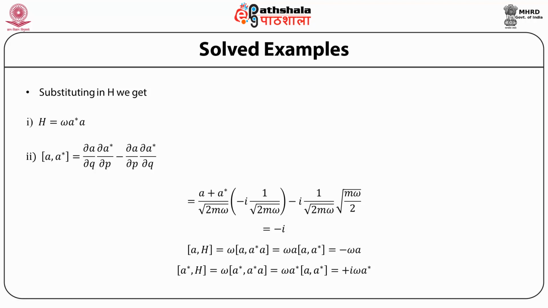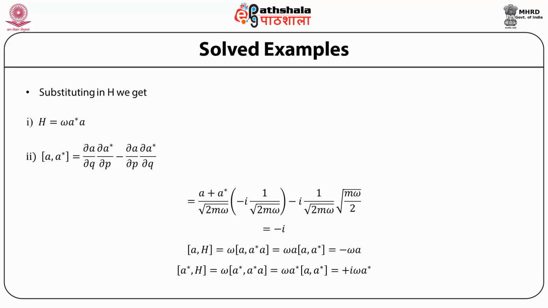And the Poisson bracket of a with a star is very easy to calculate. It is the partial derivative of a with respect to q multiplied by the partial derivative of a star with respect to p, minus the partial derivative of a with respect to p multiplied by the partial derivative of a star with respect to q, which can be easily seen to be equal to minus i.